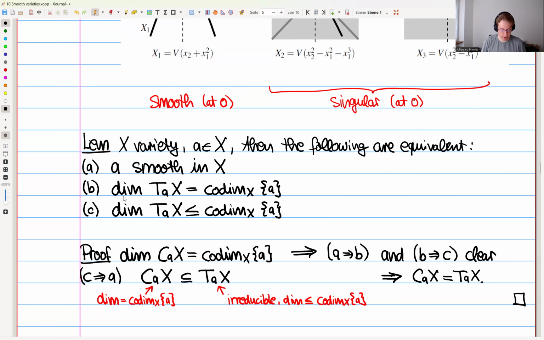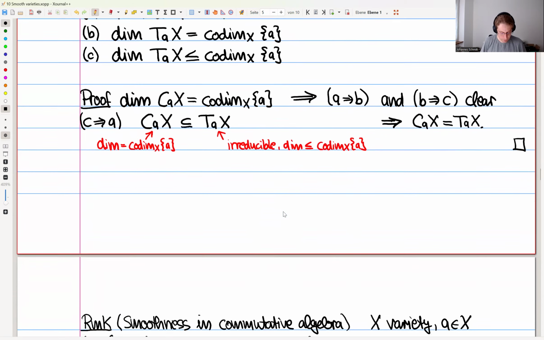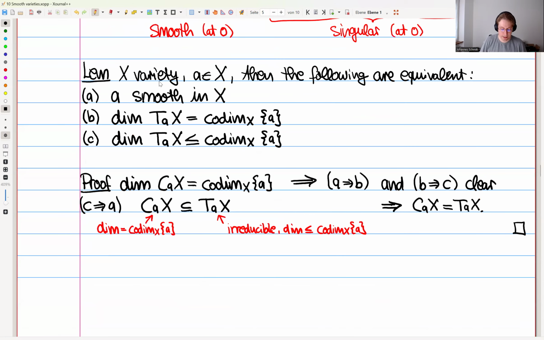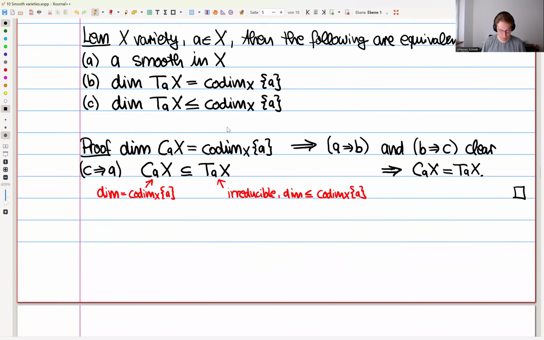So we have characterized it equivalently by saying the dimension of the tangent space must be equal to this codimension here. In particular, note that if X, for example, is irreducible of some dimension d, then this just means that the tangent spaces at all points of X must all be d-dimensional for this to be smooth.